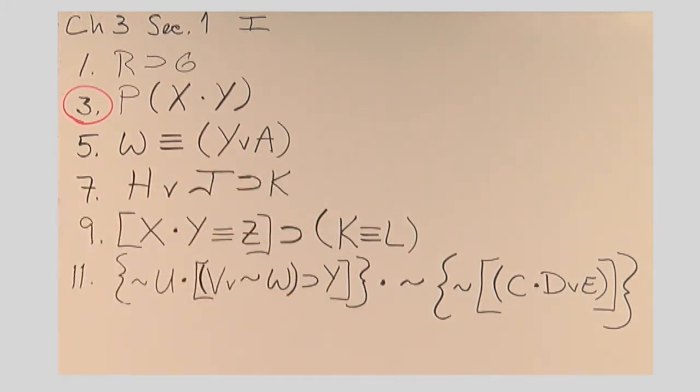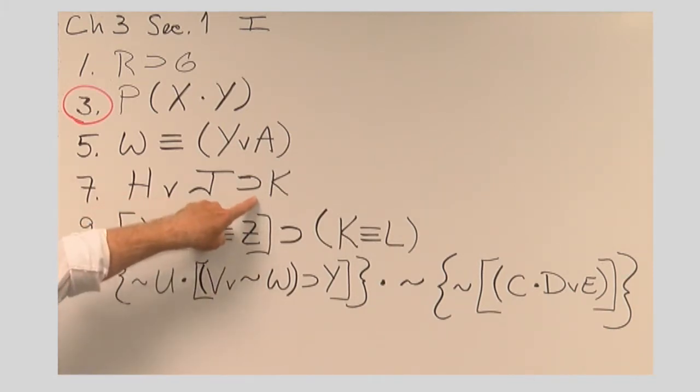Let's take a look at number 7. Here we have H or if J then K. Is this a well-formed formula or not? No, it's not, because we do not have a main connective. The main connective could be the wedge or the horseshoe.